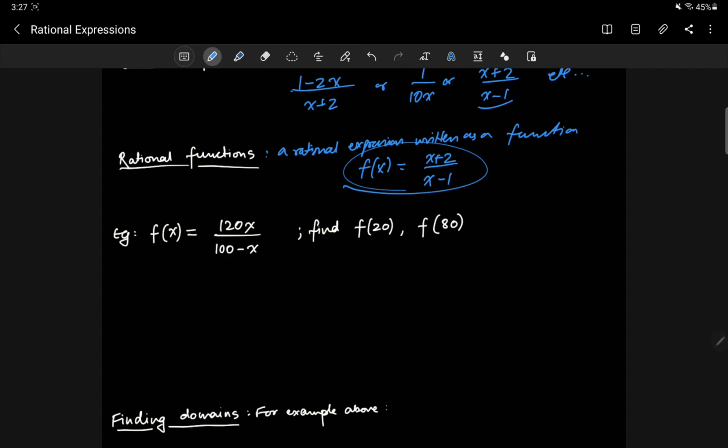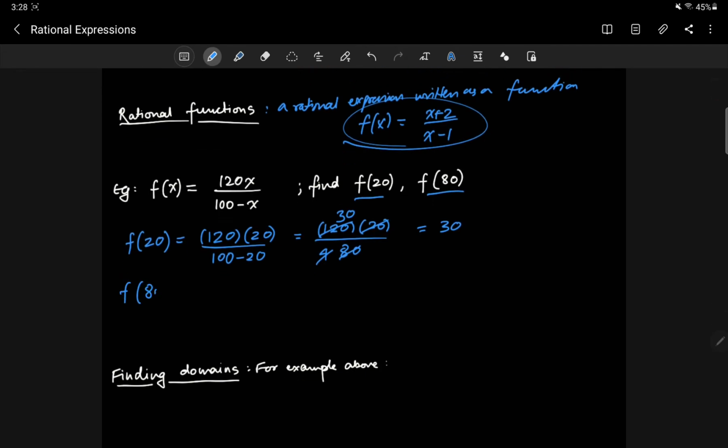Since it's a function, you can be asked to evaluate it, and evaluating the function, we know, is essentially replacing x by that value. So f of 20 is 120 times 20 over 100 minus 20, that's 120 times 20 divided by 80. 20 goes into 80 4 times, and 4 divides 120 to give me 30.